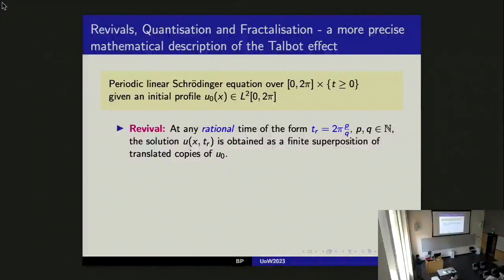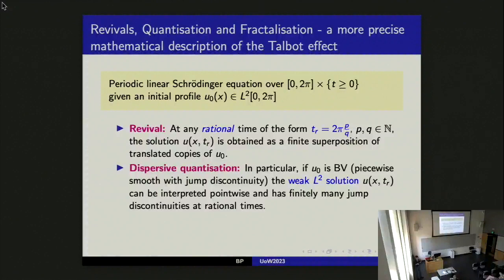So what we call revival is the property that I will prove for you that at any rational time, so any rational multiple of the period, the solution is obtained as a finite superposition of translated copies of the initial condition. That is irrespective of the class of the initial condition. This always happens. And that's quite striking, because it means that if you give me one of these times, you only need the value of u0 at a finite number of points to give me the solution.